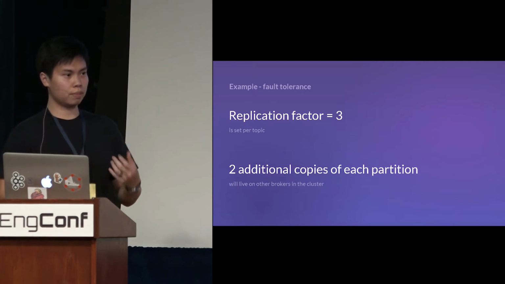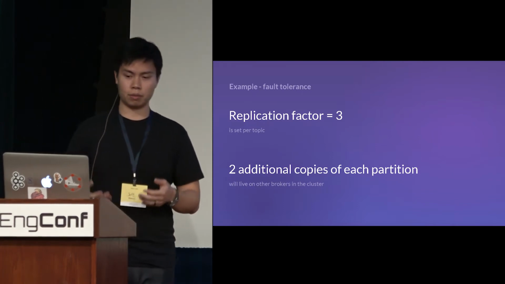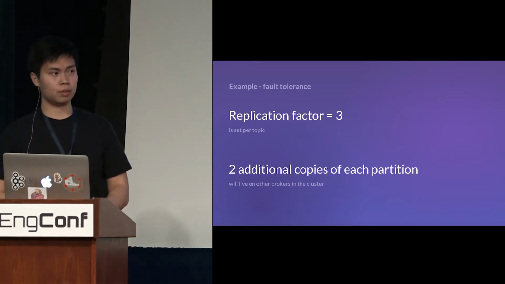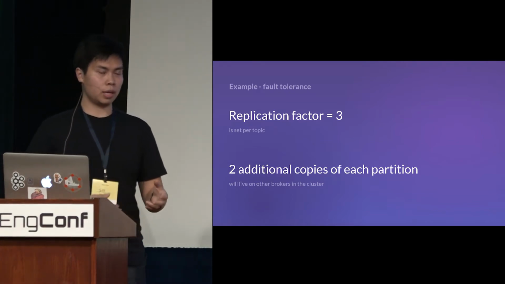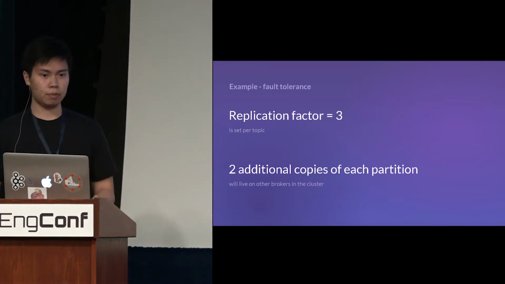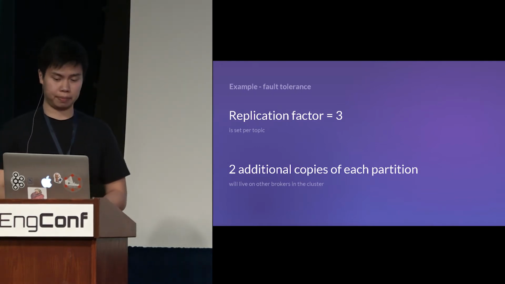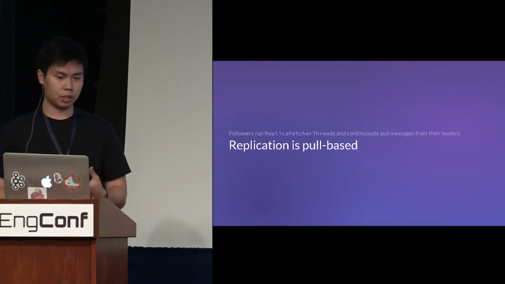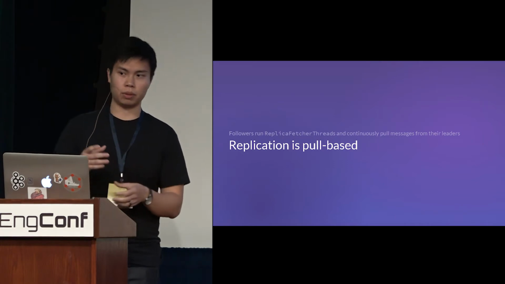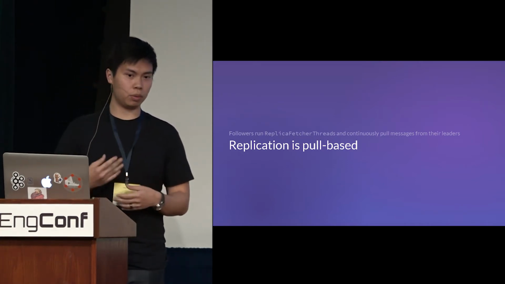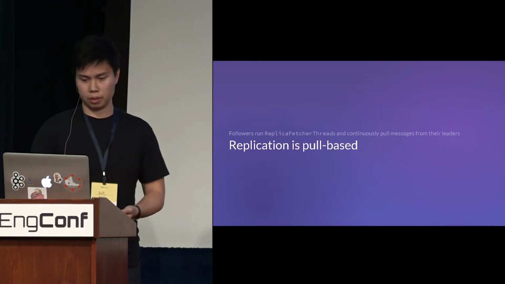Now, if we consider replication factor with it being set to 3 on the topic, we'll see that there will be 2 additional copies for each partition, ideally living on other brokers in the cluster. And I say ideally because it doesn't have to, but it should. So again, replication is pull-based, where brokers also may act as a follower, and they continuously pull messages from their leaders.